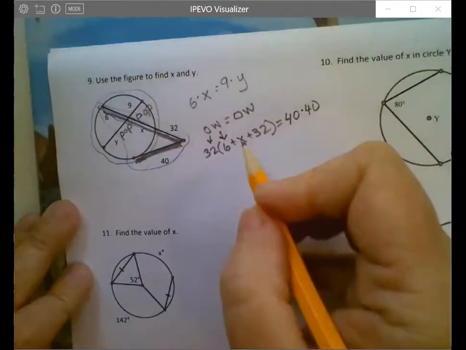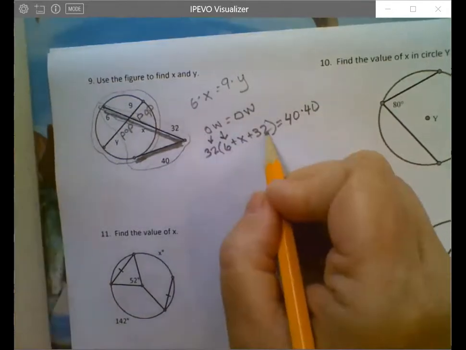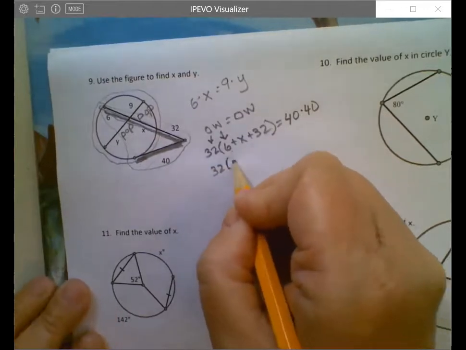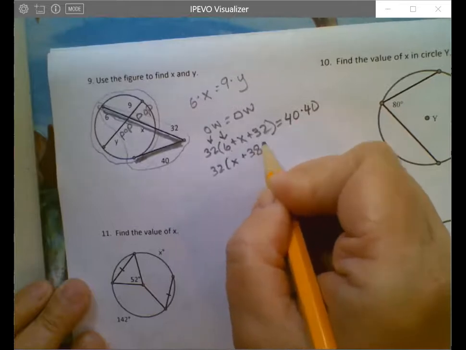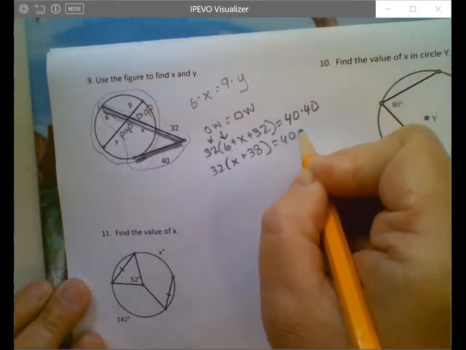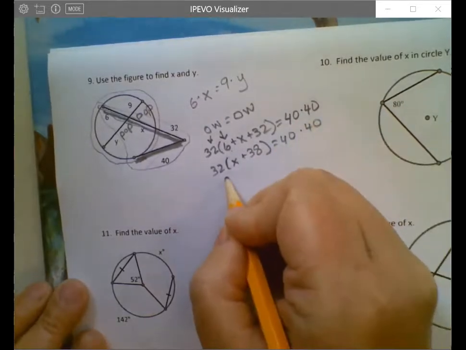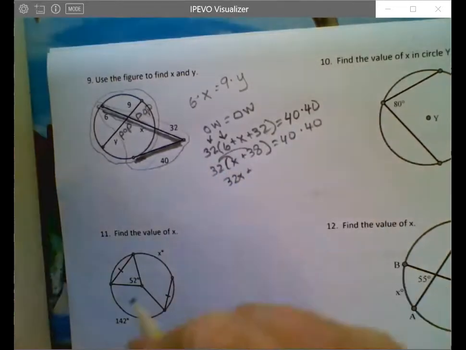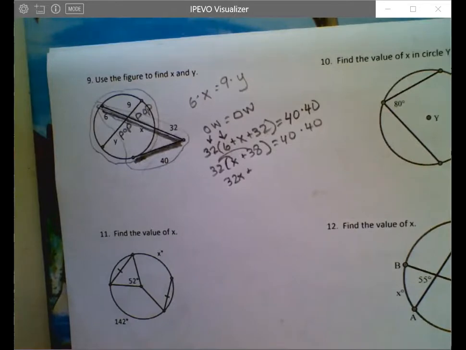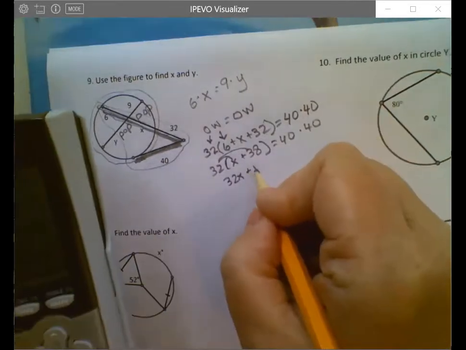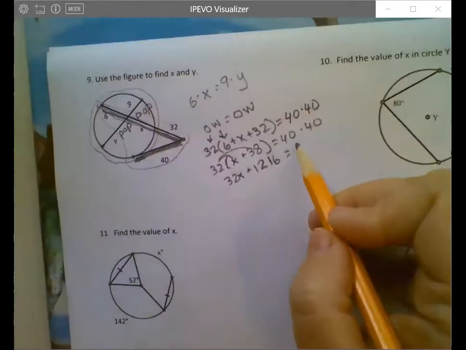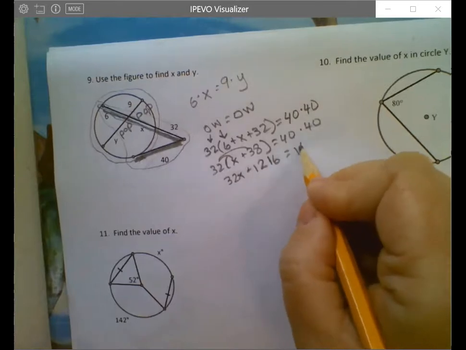All right, so I'm actually going to combine the 6 and the 32 here. So I'm going to have 32 times x plus 38 equals 40 times 40. It's going to give me 32x distributing. And let's see, 32 times 38 is a really big number, 1,216. And on the right-hand side, 40 times 40 is going to give me 1,600.